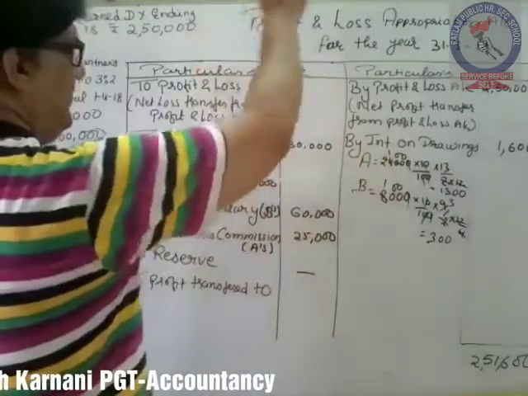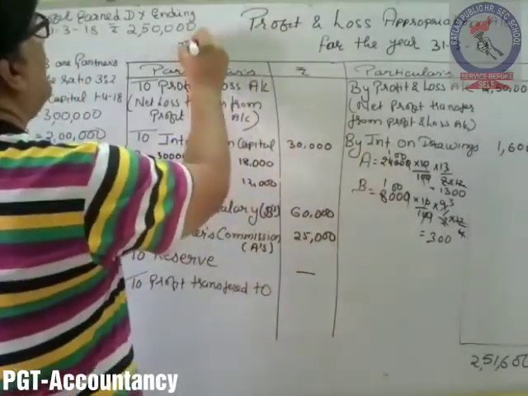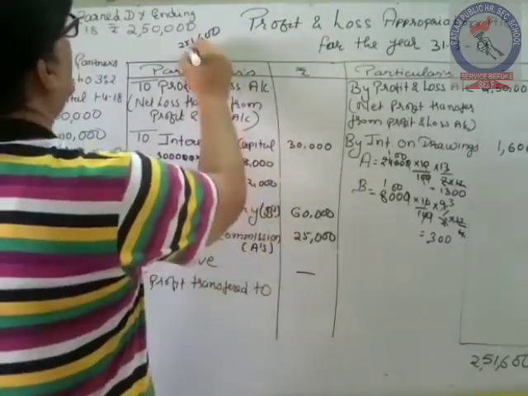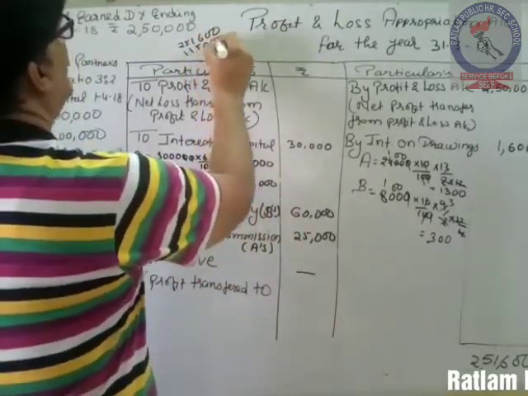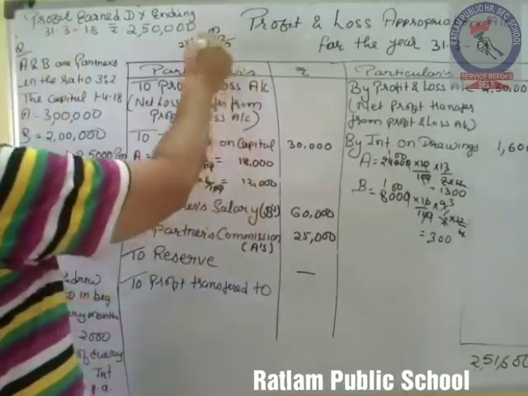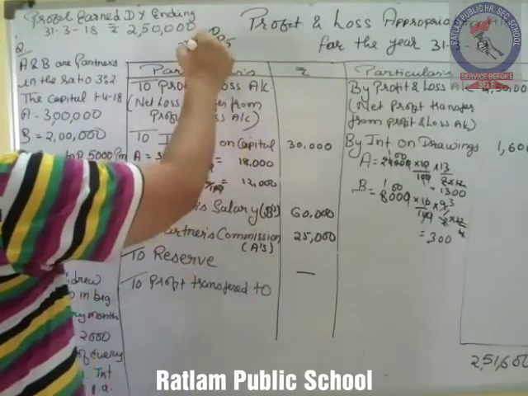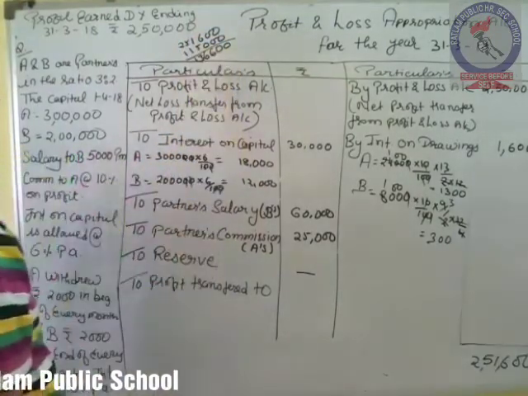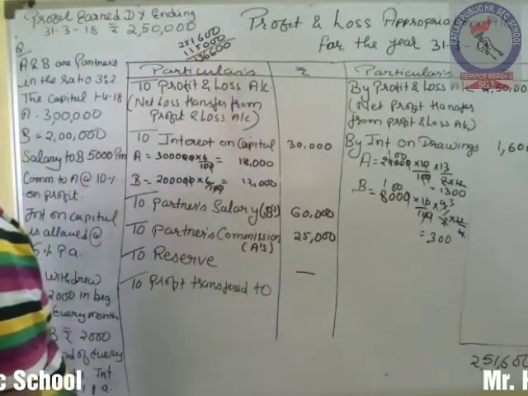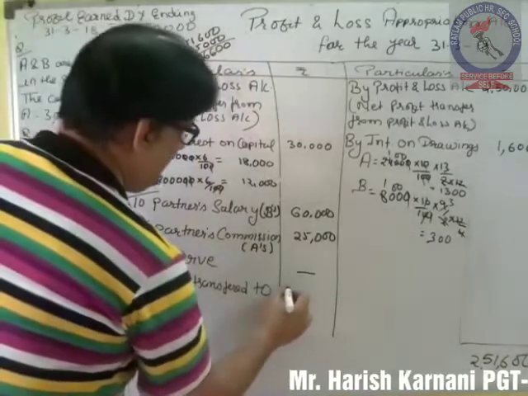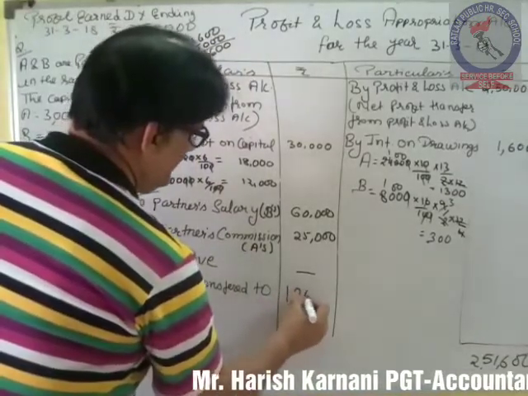So total 2,51,600 minus 90 and 1,15,000 gives 1,36,600. Profit transfer is 1,36,600.